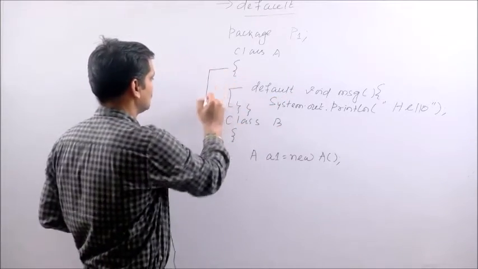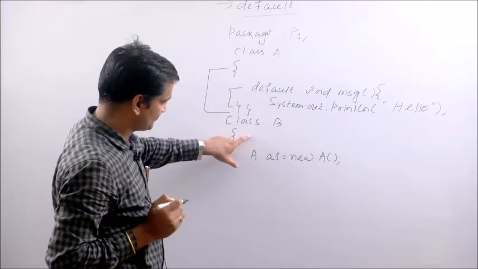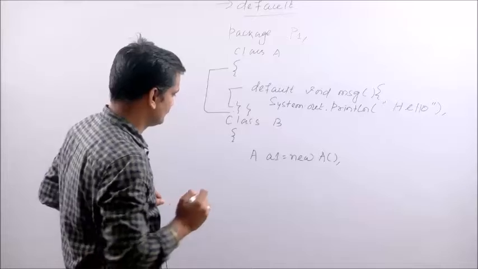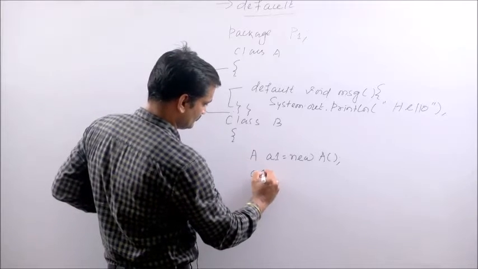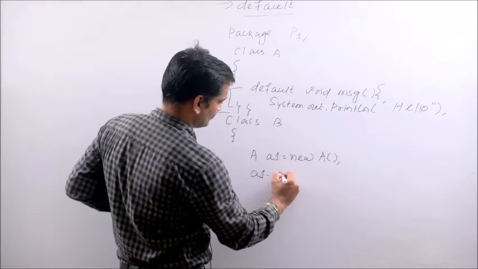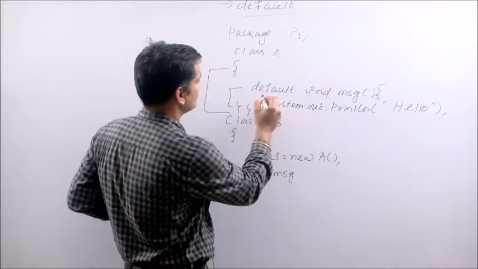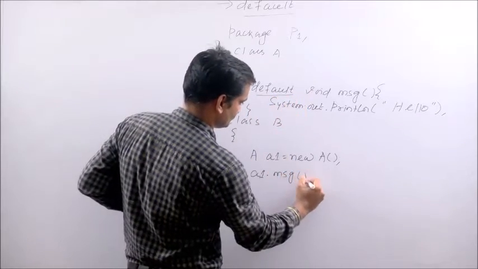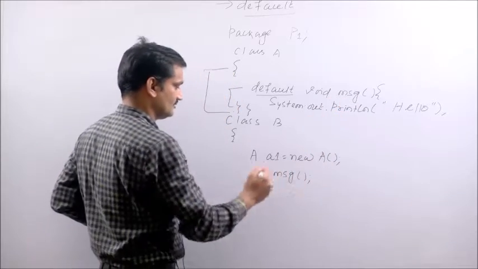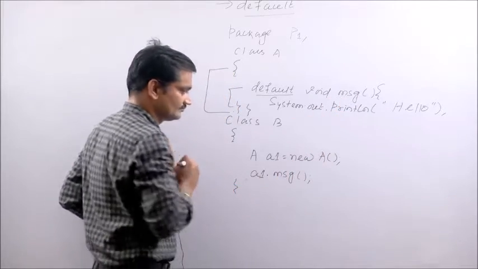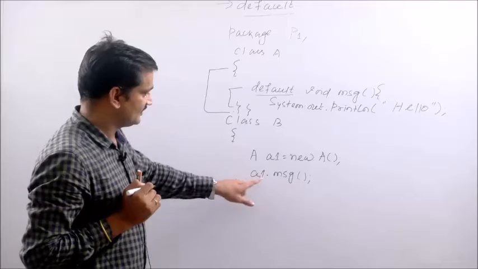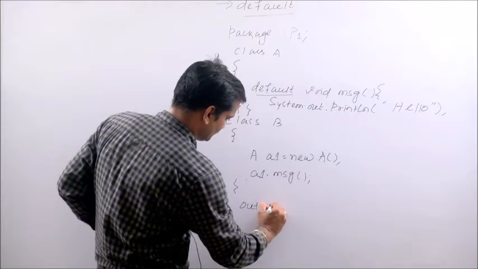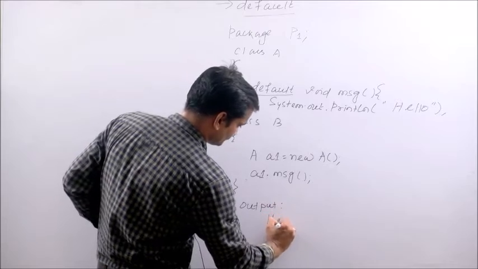This is the scope of the class. Now, in class B I create one object of class A, that is A1, and using A1 I am going to call the method that is defined with default access specifier. It takes no argument, you just call the method, and here it is going to give you the output hello.